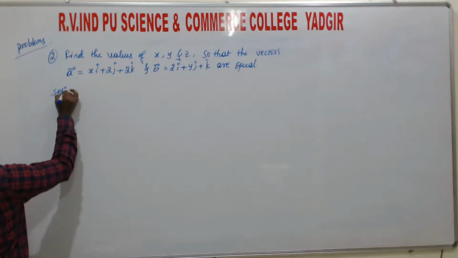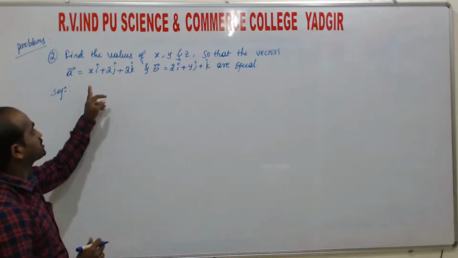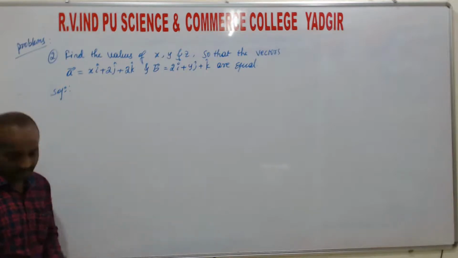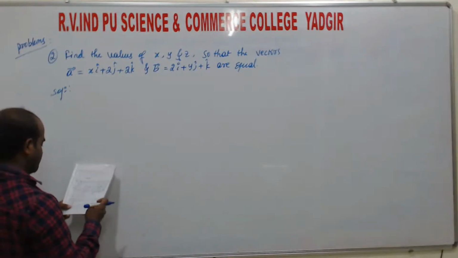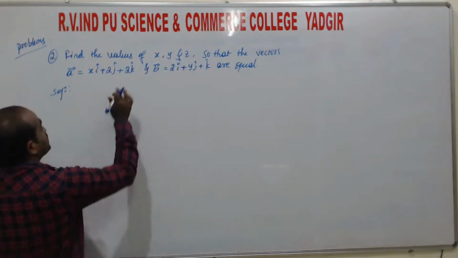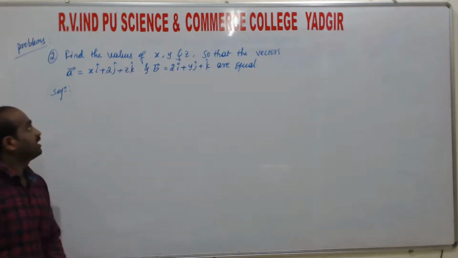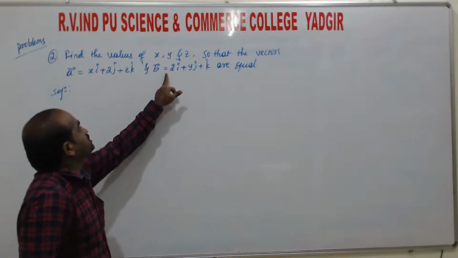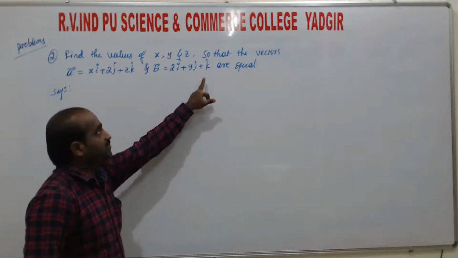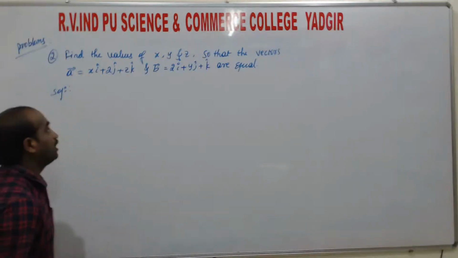Solution: find the values of x, y, z. a vector is xi plus 2j plus zk, and b vector is 2i plus yj plus k vector. They are equal.